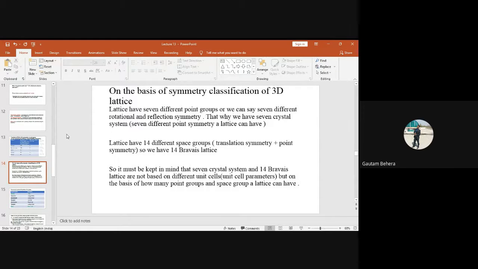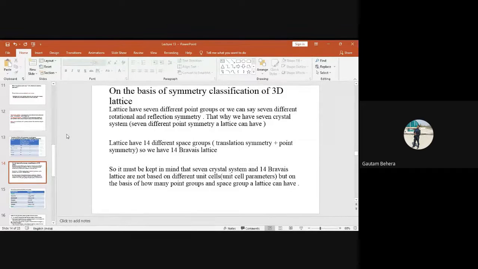One is the square 2D lattice, one is the primitive rectangular lattice, one is the body-centered rectangular lattice, one is the oblique lattice, and one is the hexagonal lattice. So it is 5, no? So 5 possible ways are there if you want to make a 2D lattice, right?